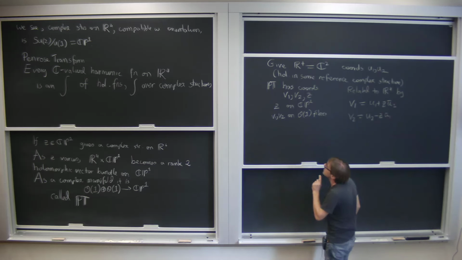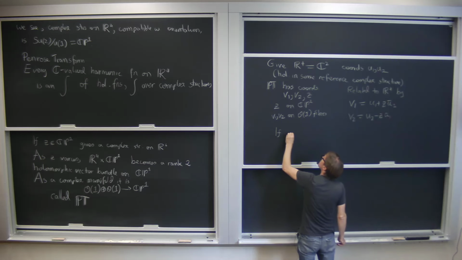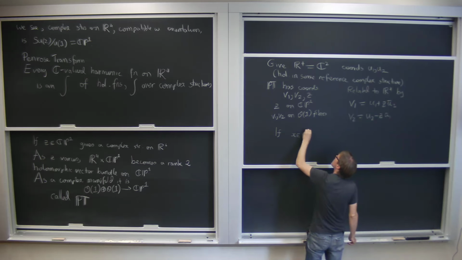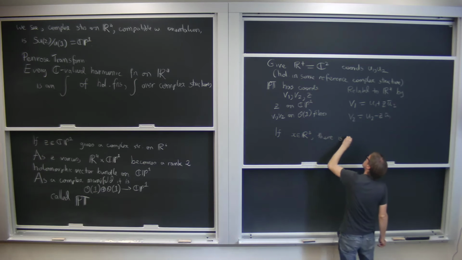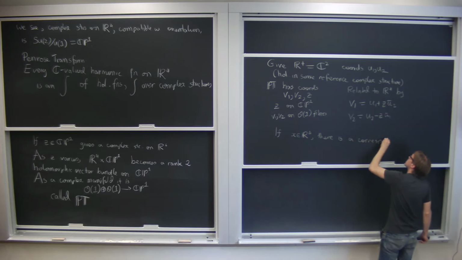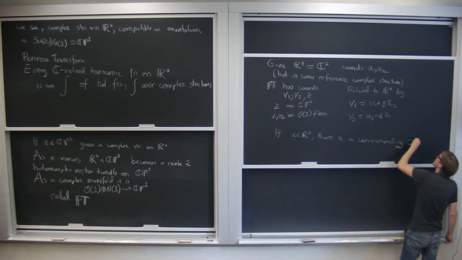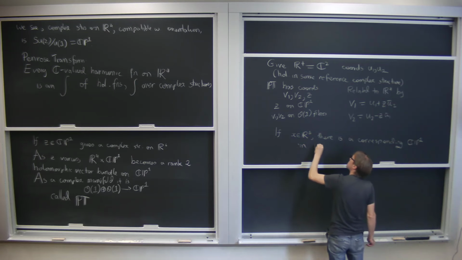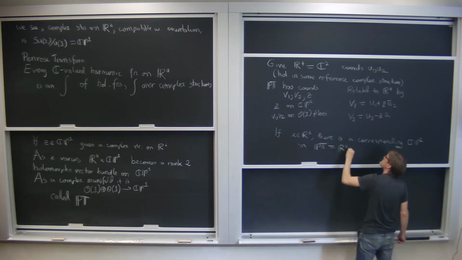Okay, what else do we need to know? If I take a point, say, x in R4, there is a corresponding CP1 in Twistor space, because Twistor space is, after all, R4 times CP1.